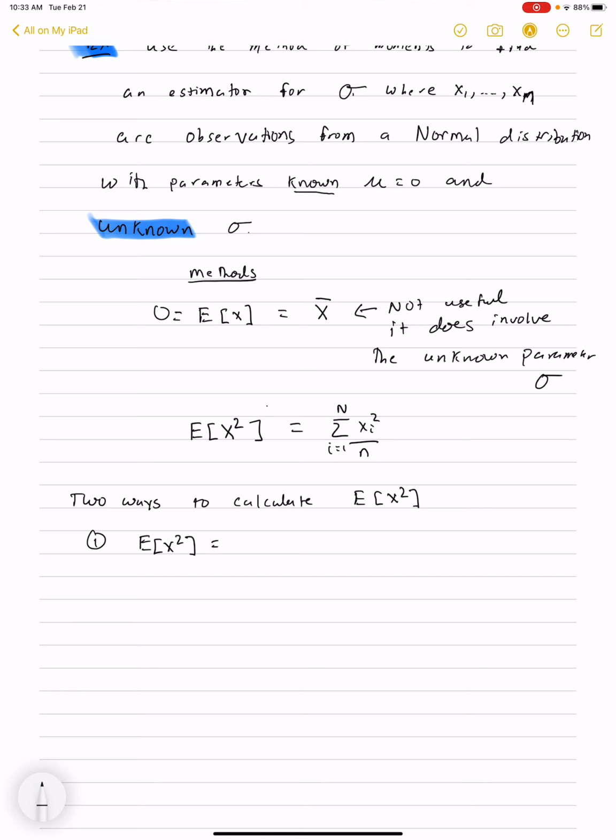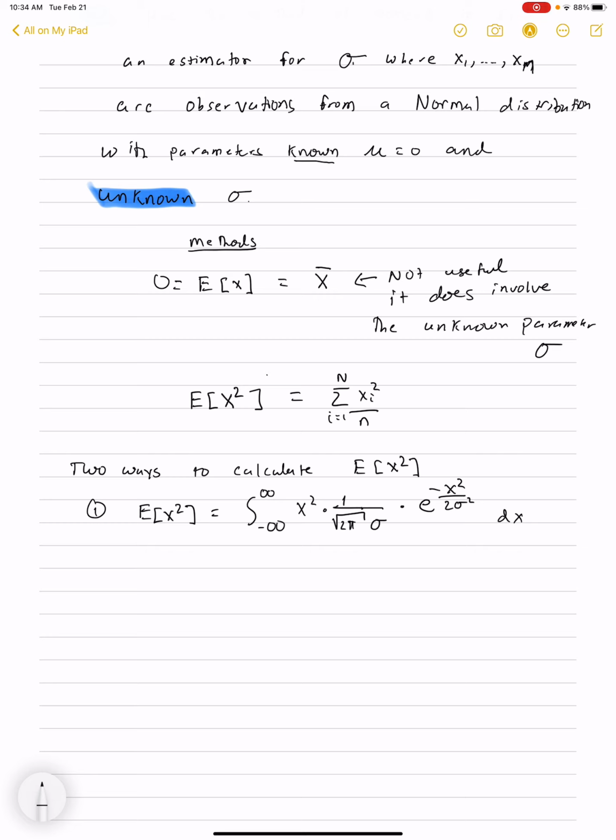E of x squared is this integral from minus infinity to infinity of x squared times the normal distribution. The normal distribution is 1 over root 2 pi times sigma times e to the minus x squared over 2 sigma squared, dx. So, that's not the nicest thing to calculate.